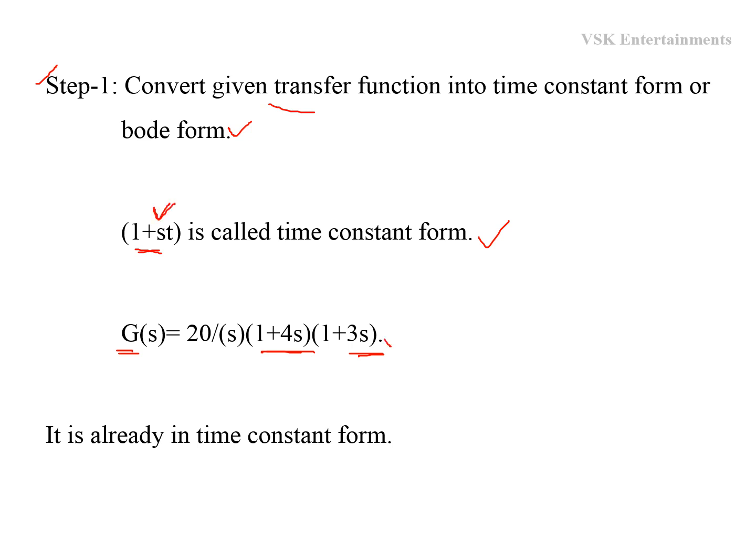Why? Because 1 + 4s is in the form of 1 + s tau, and similarly 1 + 3s is also in the form 1 + s tau. That is our first step.